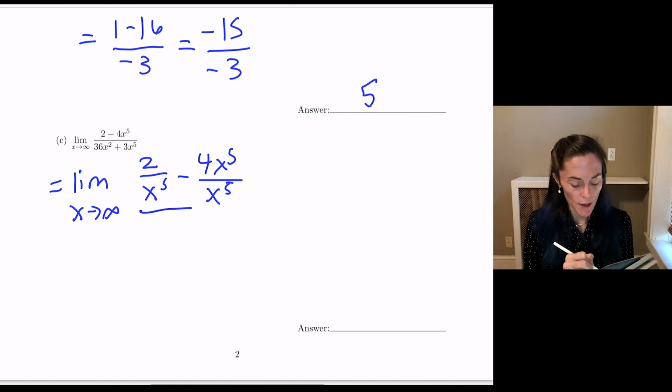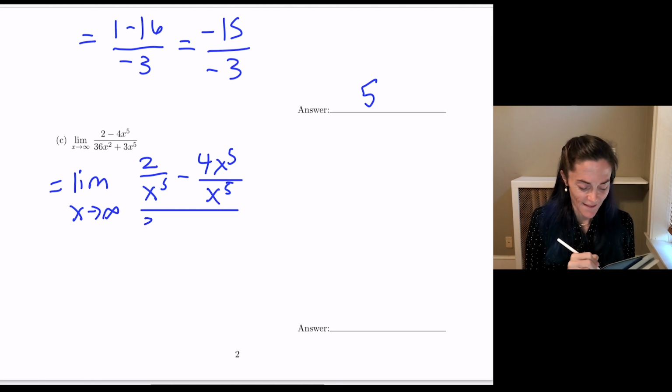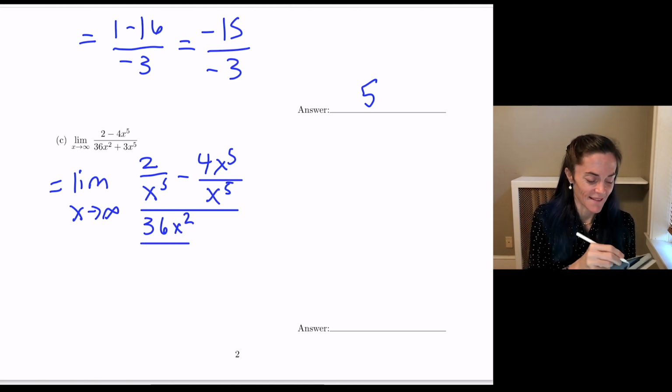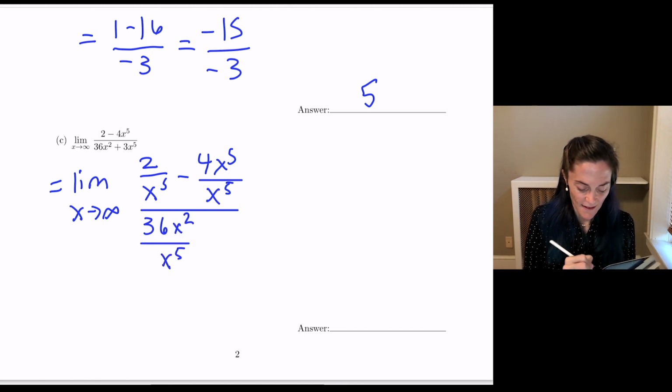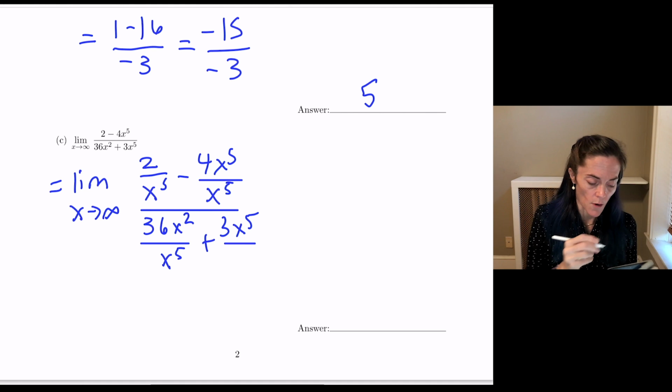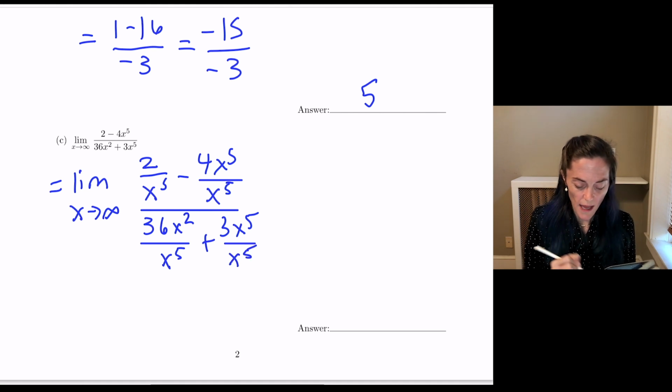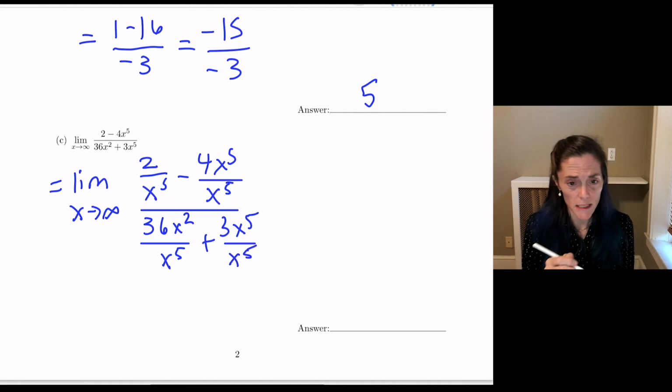In the denominator, I have 36x squared over x to the 5th plus 3x to the 5th over x to the 5th. Now, I am ready to use properties of exponents.